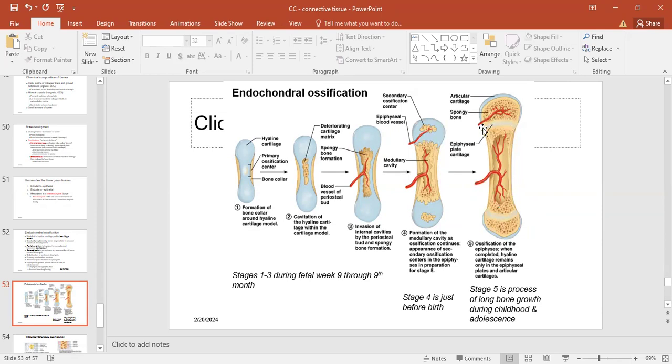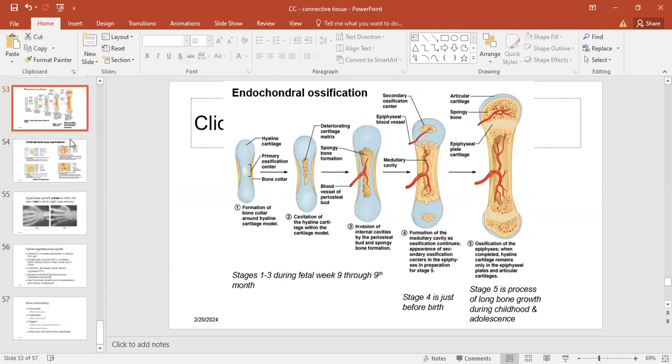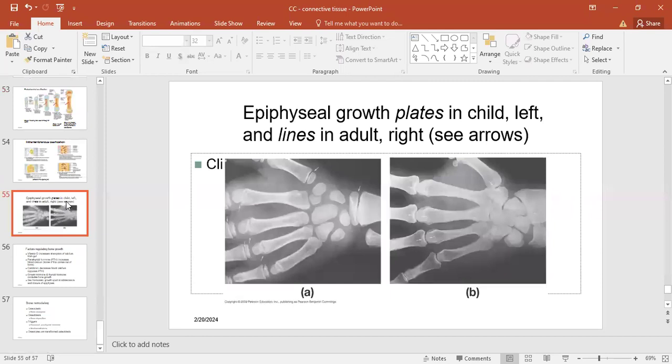That epiphyseal growth plate allows for the elongation of bones, which is why when you go for an x-ray and you have said, I am 13, when you are actually 28, they will know that you are not 13, because you won't have an epiphyseal growth plate. So this picture is an x-ray of two people with different ages.